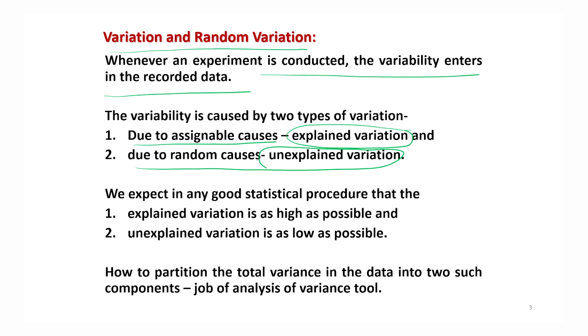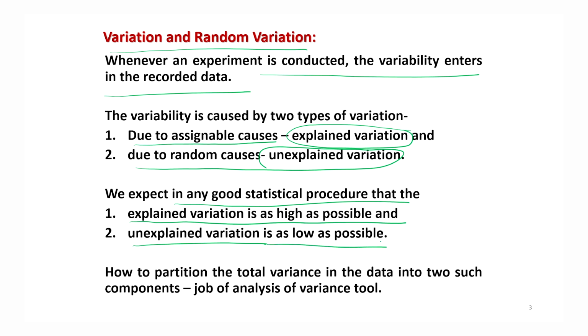Now when we are trying to develop any good statistical procedure, we always want that variation is going to be there, but I should know the reason, and the random variation should be as small as possible. So we expect that in any good statistical procedure, the explained variation is as high as possible and the unexplained variation, which is due to the random factor, is as low as possible.